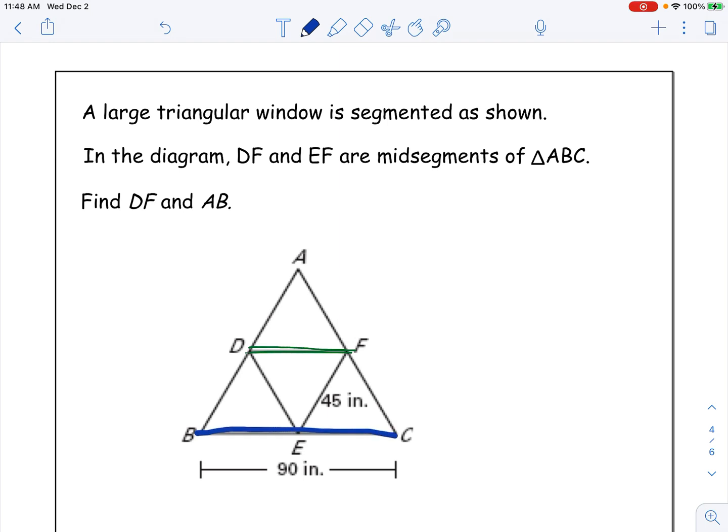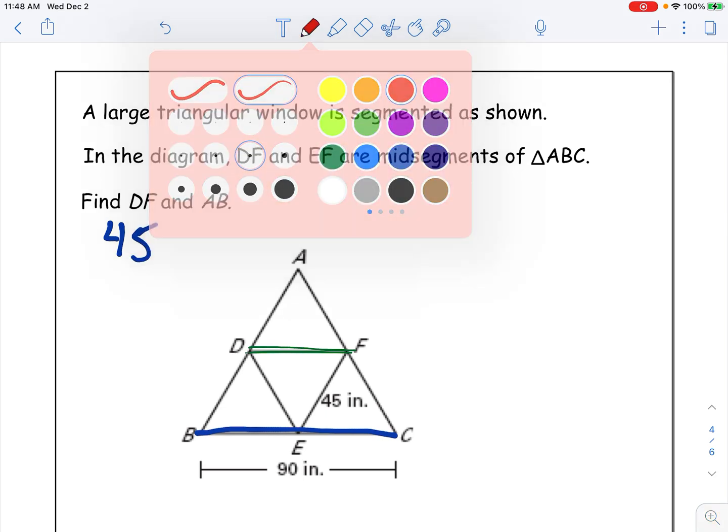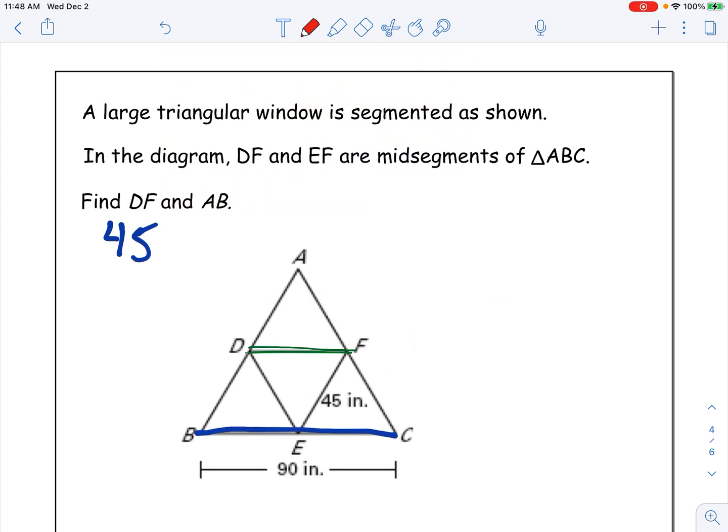Well, if BC is 90, then DF will be 45. Now, you should be able to go the other way also. EF is also a mid-segment. EF is going to be half the length of AB. Well, if EF is 45, then AB will have to be 90. You need to be able to go both ways.